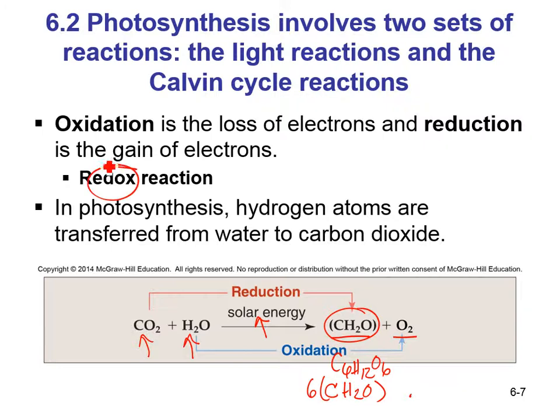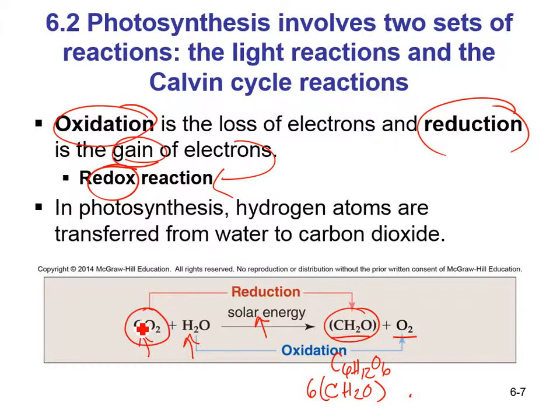a redox versus an oxidation versus a reduction, which is what we call a redox reaction. So a reduction, and this seems silly, but a reduction is the gain of electrons. So we are going to add items to carbon dioxide to get out glucose.